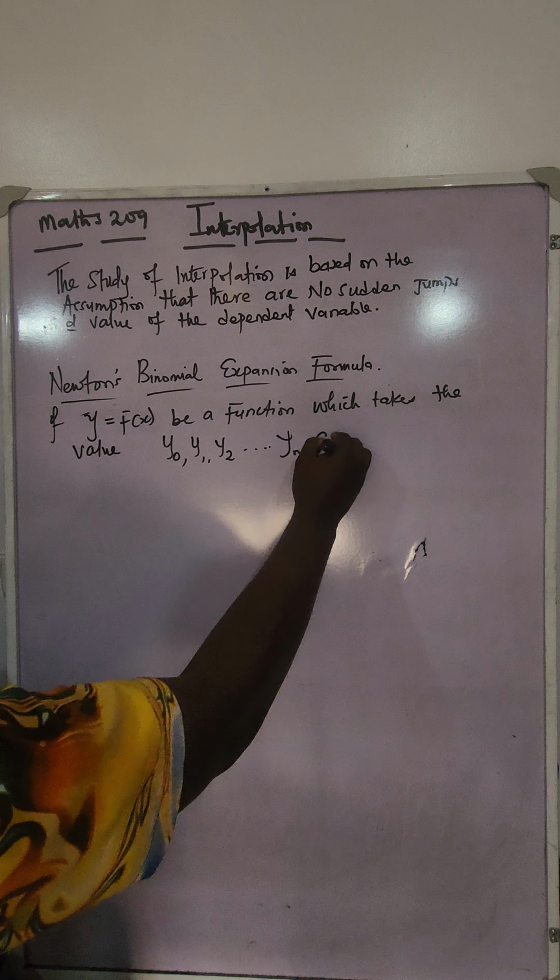So this is the formula for the Newton binomial expansion, in case you are going to use it.